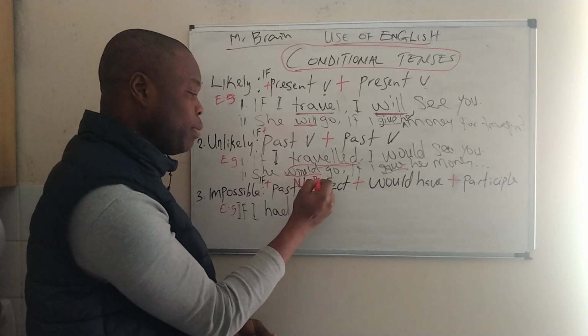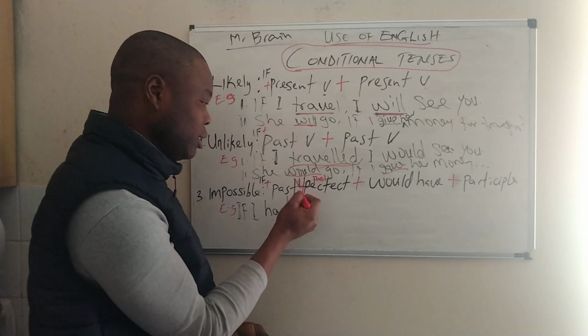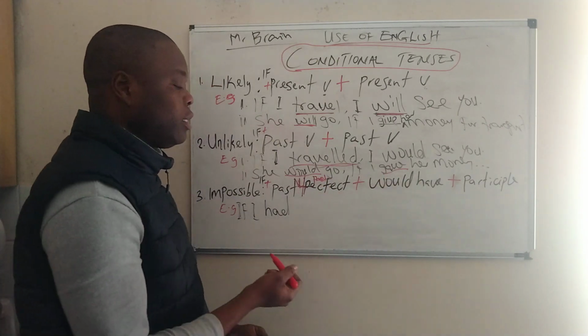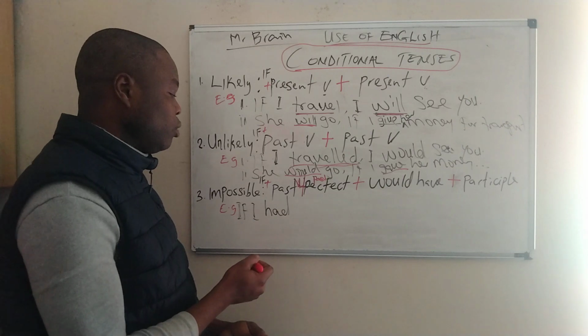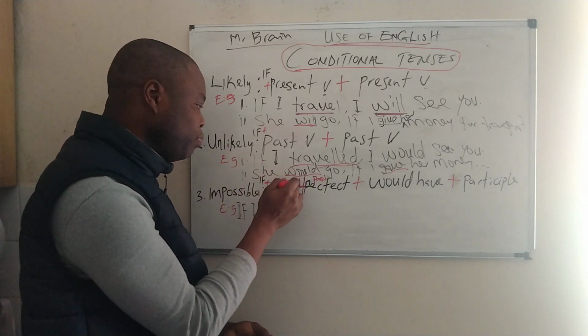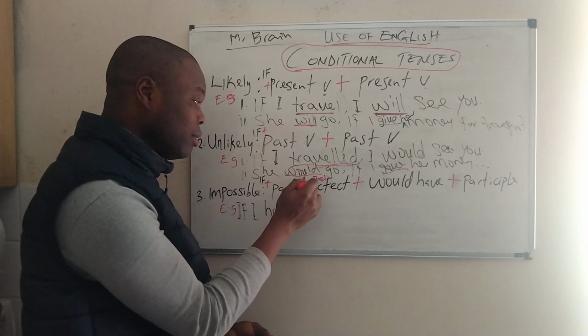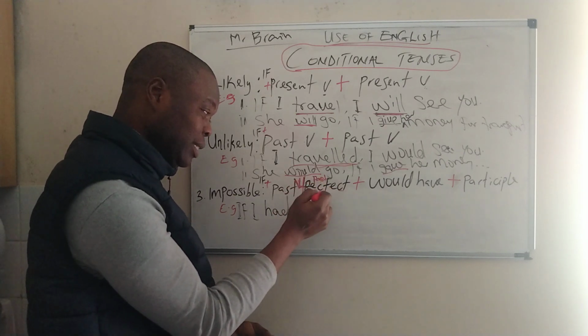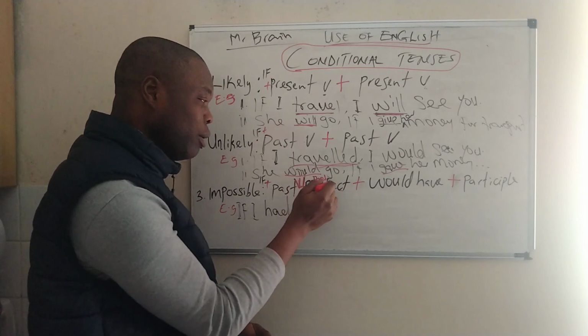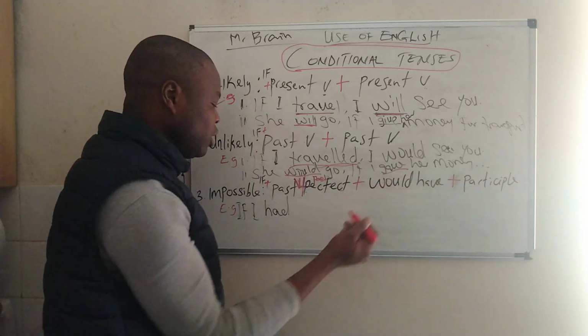We say plus past perfect. Are you there? Plus would have. That's the correct formula for that. Please take note of that. If plus past perfect, plus would have plus participle.